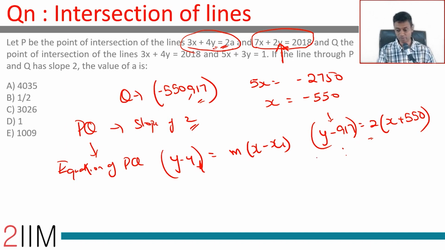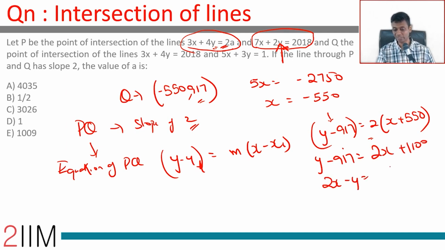Brilliant. So let's find this equation. Y minus 917 is 2x plus 1100. Or 2x minus y, taking this y this side, minus 917 plus 1100, minus 2017. Okay. Brilliant.